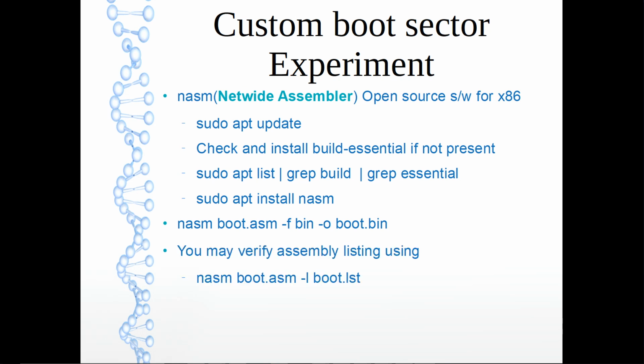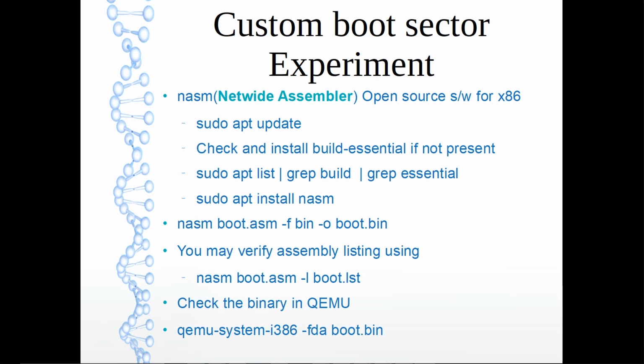And if you want to see the listing of the corresponding code, you can use this particular command. Finally you can check the binary with QEMU, qemu-system-i386, which emulates an i386-based system and will basically emulate that boot.bin.